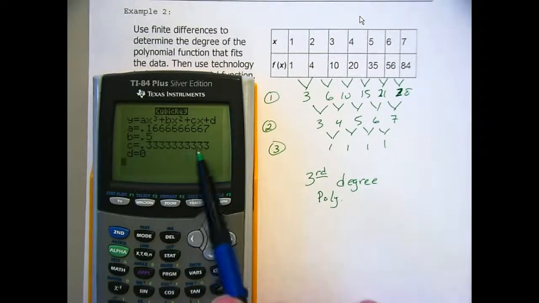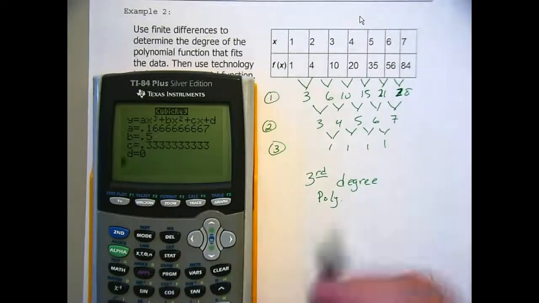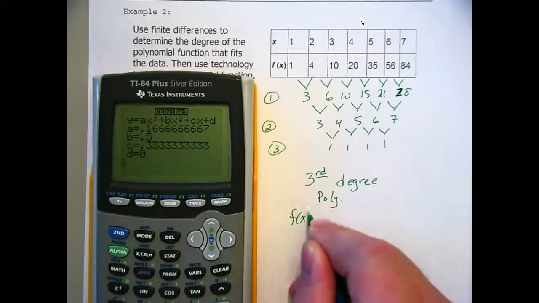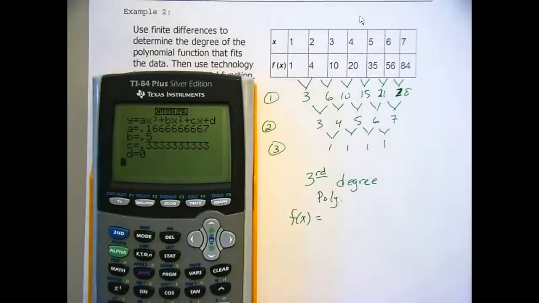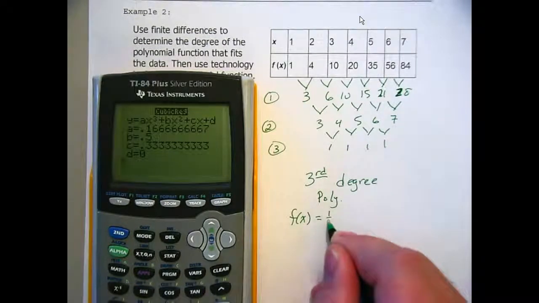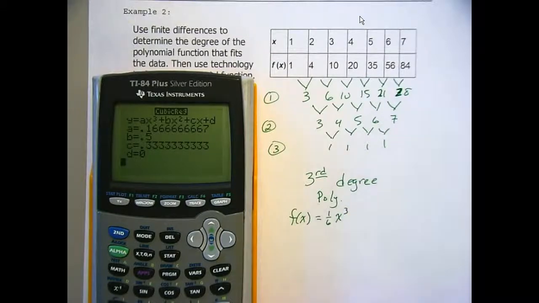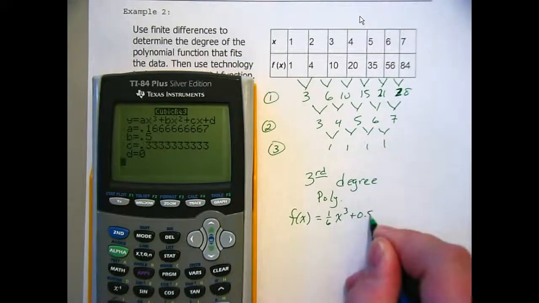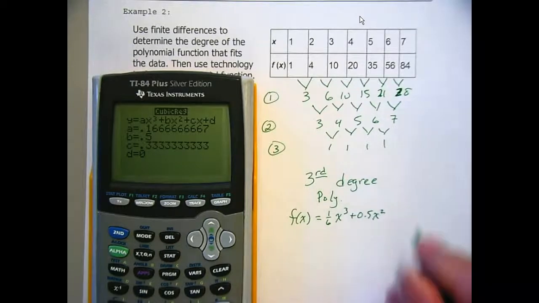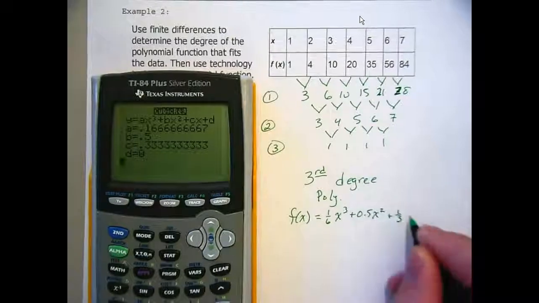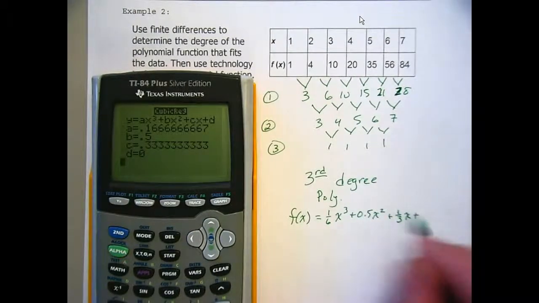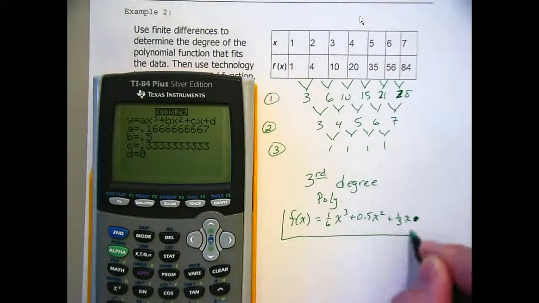C is 0.333333. And D is 0. So in other words, it's f of x equals 1.666666667. What is that? It's actually 1/6 x cubed plus 0.5 x squared plus 1/3 x plus nothing. So we'll just get rid of that. There we've got it. That is our function.